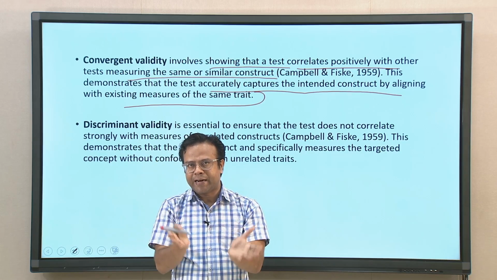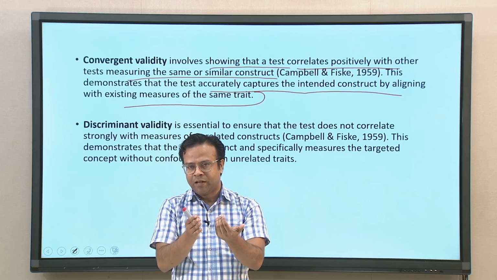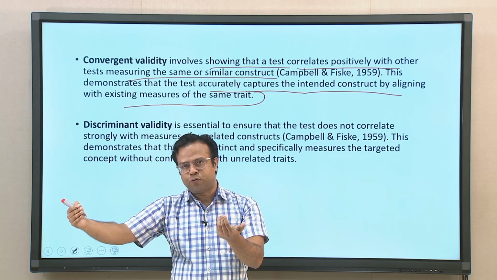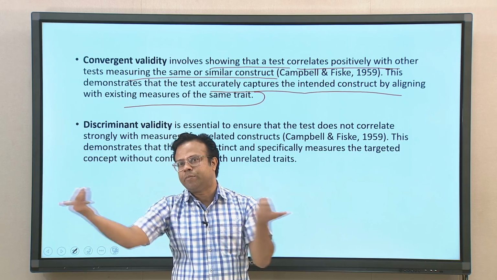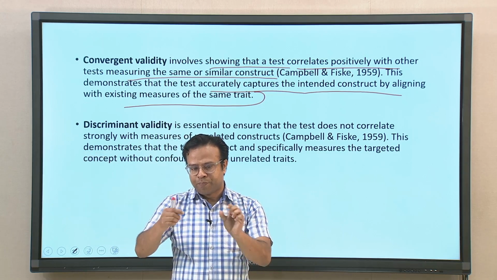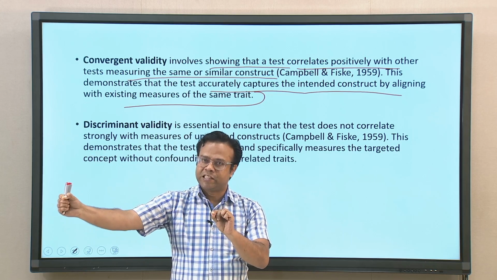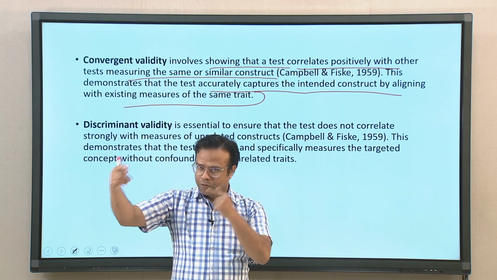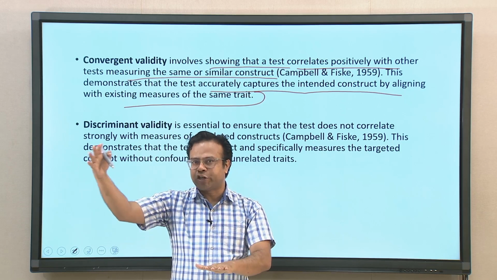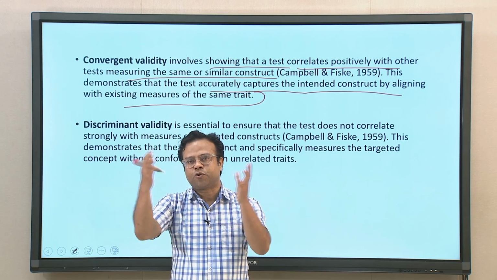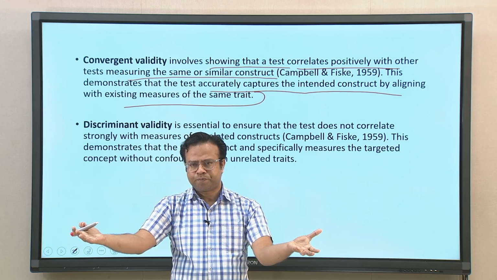So, if you are developing a test to measure something and you already have some established measures of other constructs which are very similar in nature, and your test also correlates positively with that similar construct, then it is a convergent validity. Both are going together, showing a similar direction and measuring a similar thing, so it shows there is a convergent validity.